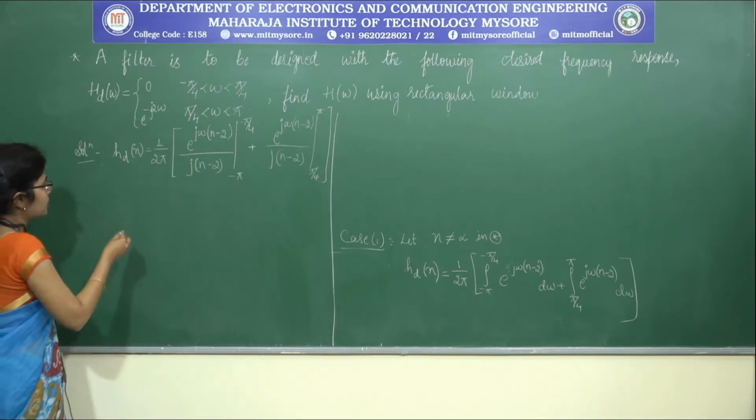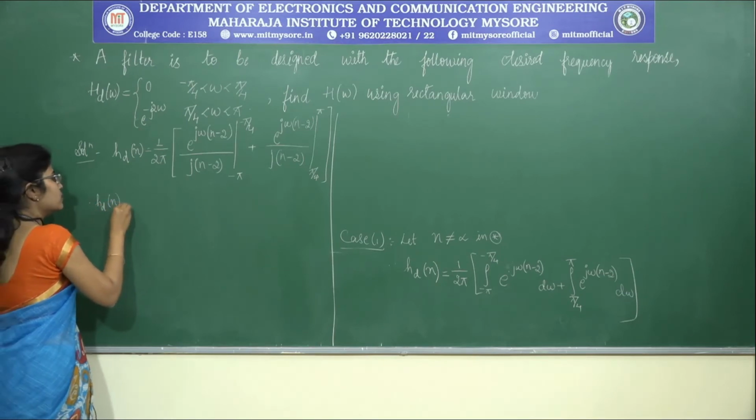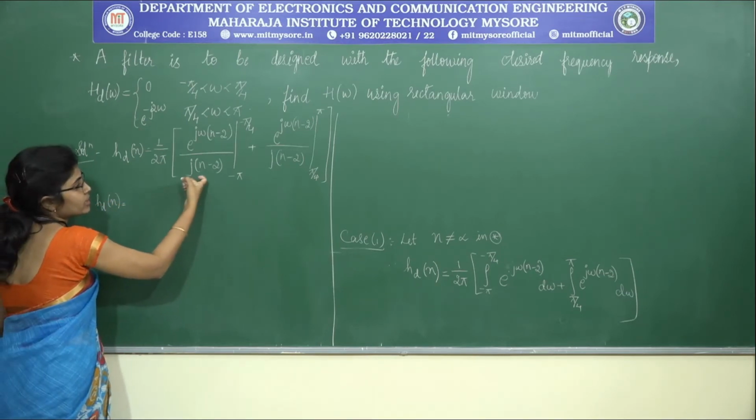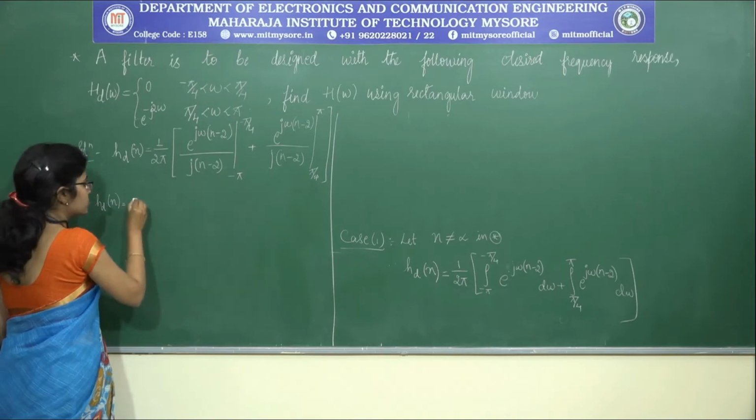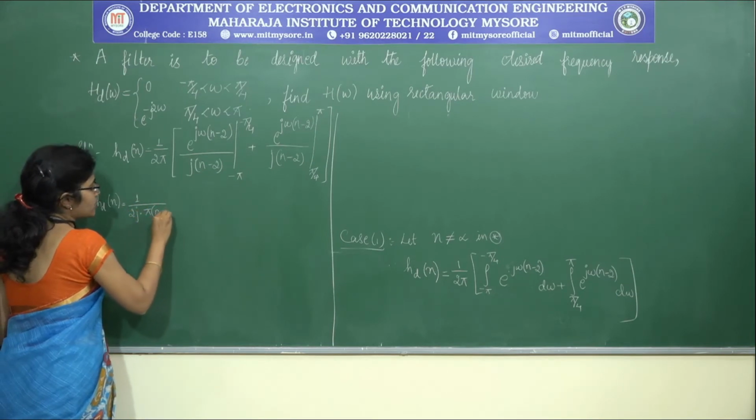Now let us try to apply the limits. Therefore, HD of n will be equal to, I can take j into n minus 2 as a common factor in both the terms, so I can write it as 1 divided by 2j into n minus 2.